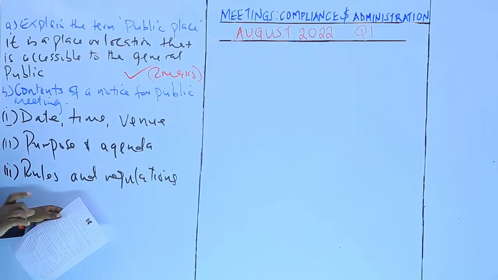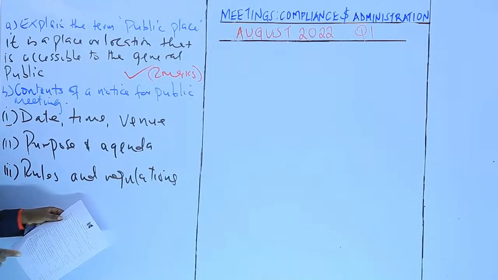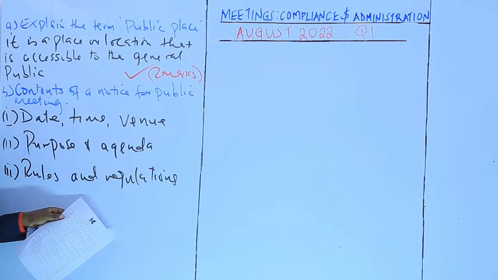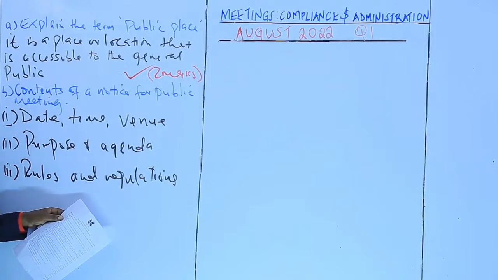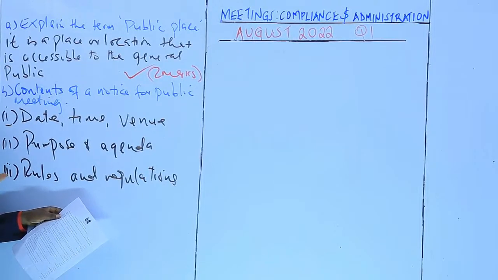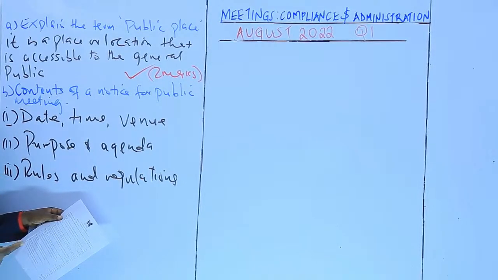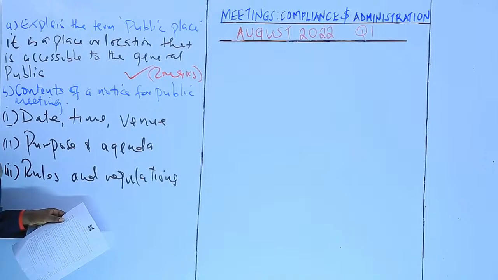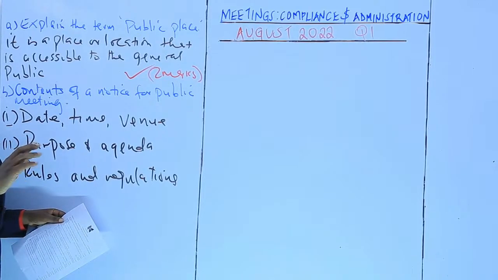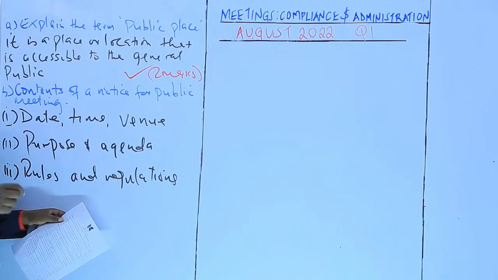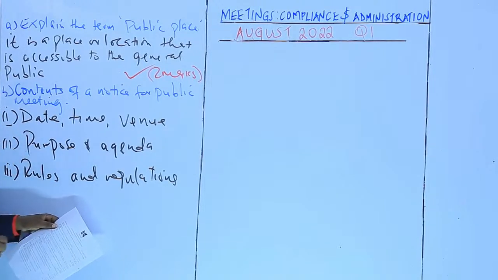So the notice may include any rules, guidelines, or sometimes restrictions that attendees must follow during the meeting, and that includes regulations related to the behavior, the use of amplification equipment, or any other specific requirement to maintain order and safety during the meeting.